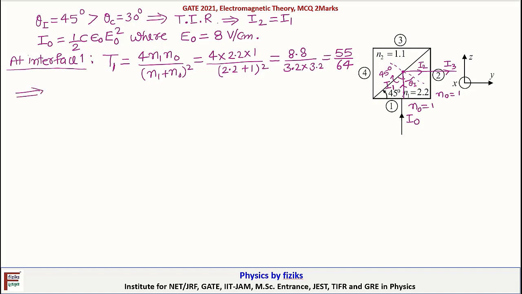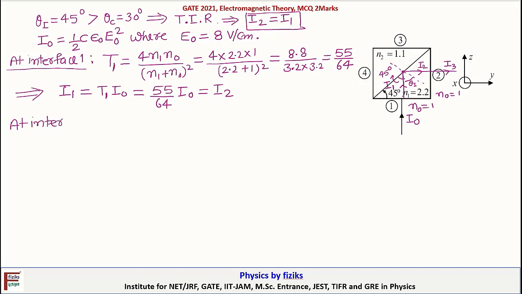Then I1 will be given by T1 times I0. And this T1 times I0 will be 55 by 64 I0, and that must be equal to I2, because we know that due to total internal reflection, IT is equal to I. So we will take interface 2.